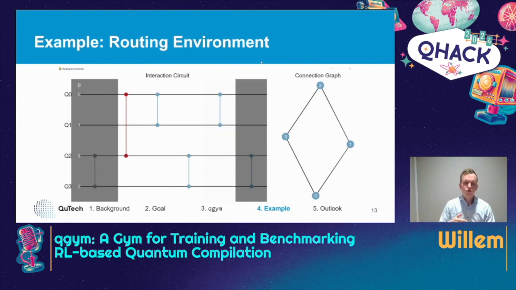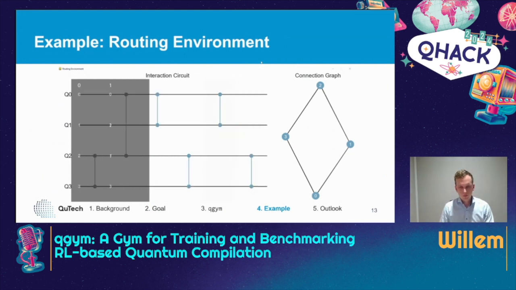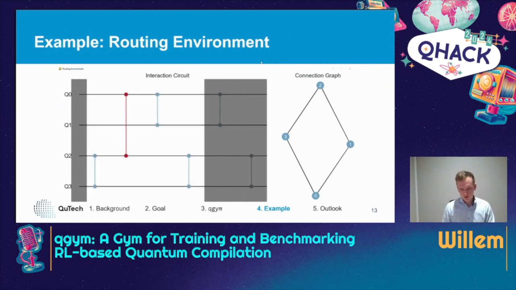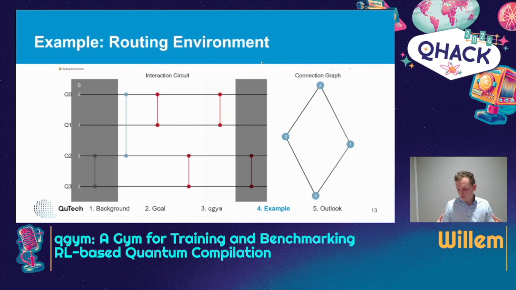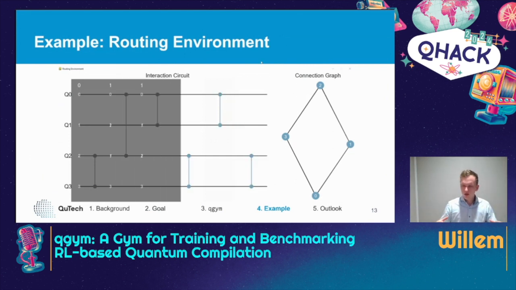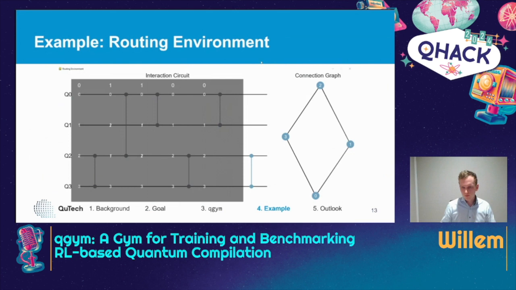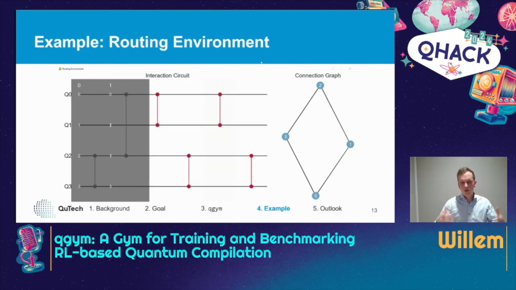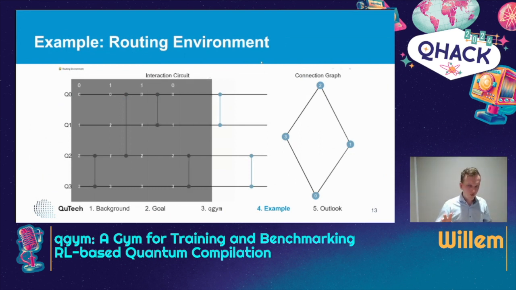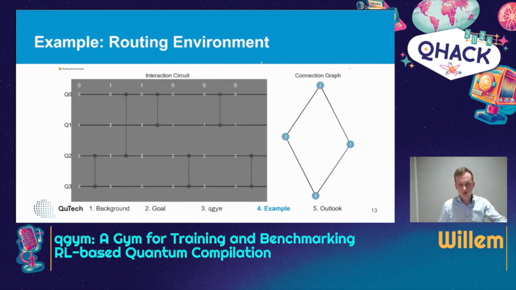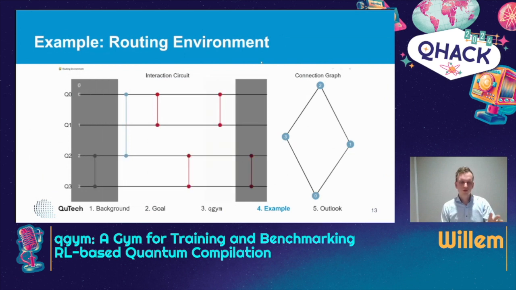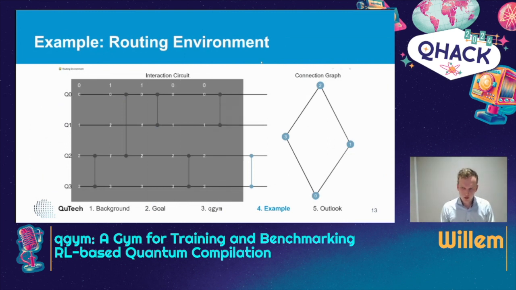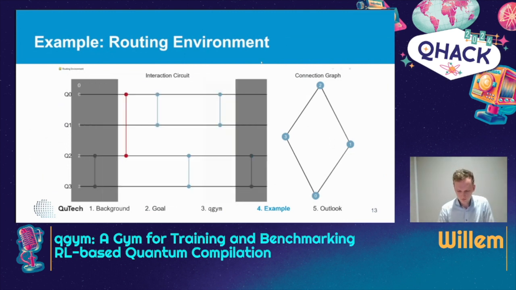And if it wants to go further, but it cannot go further, it will be penalized. And it will also be penalized for placing many swaps. Basically, with this very simple way of looking at the problem, the agent should, in an iterative way for many different circuits, learn how to map or route optimally for this given topology.